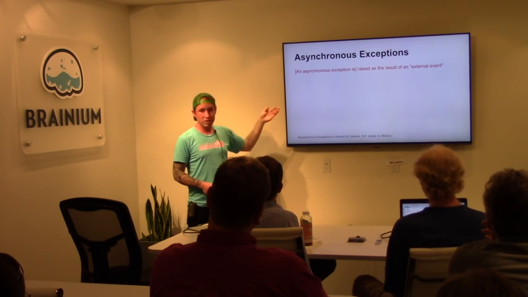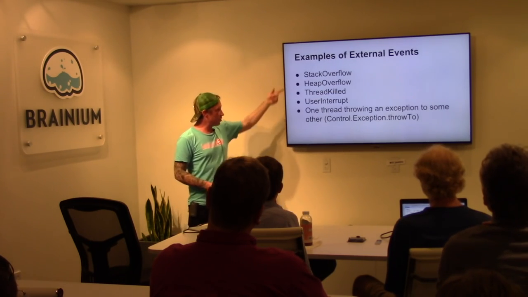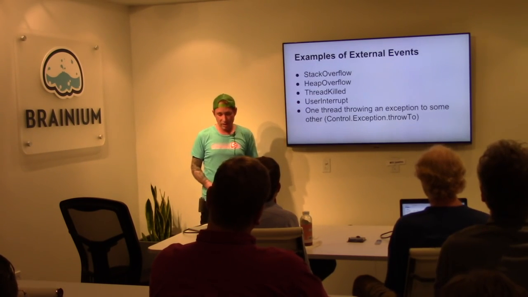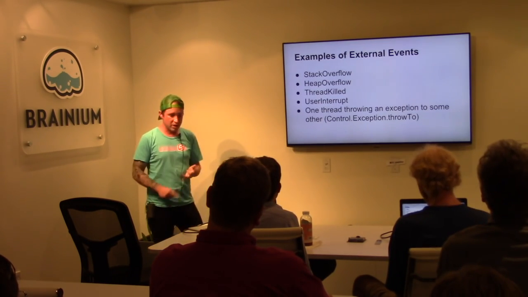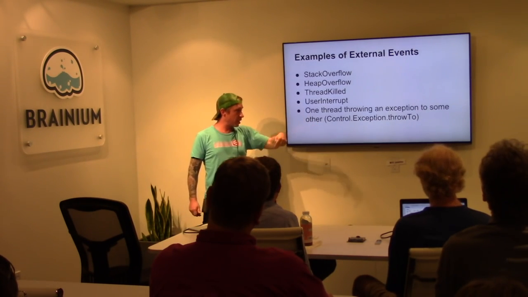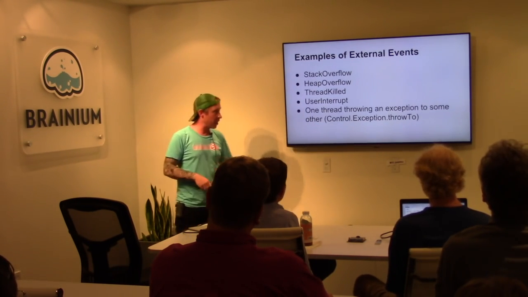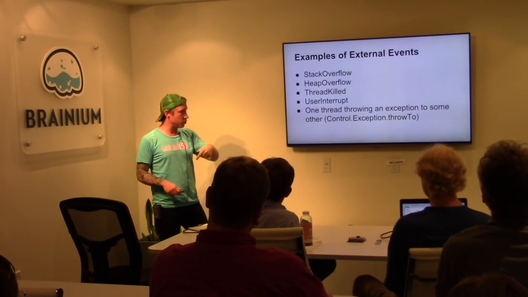They mention that asynchronous exceptions are raised as a result of some external event. Examples of that, these are the constructors for the AsyncException type in Control.Exception: stack overflow, heap overflow, thread killed, user interrupt, some thread throwing an exception of any type that instantiates Exception to some other thread.